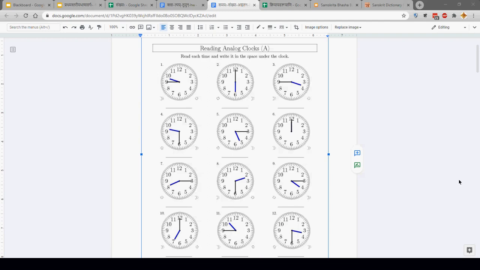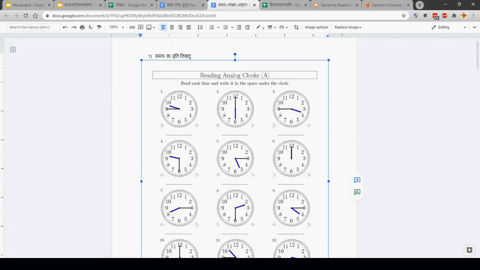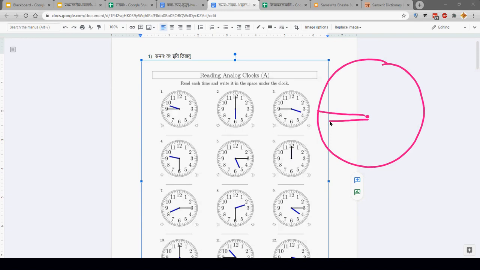So in our current clock in the US, it is here something like this, right? So how do we say that? What is the time now in your clock, if it is like this?